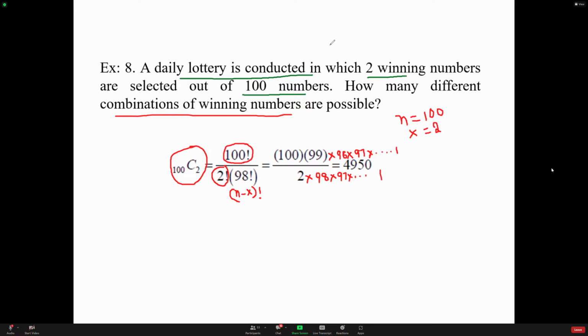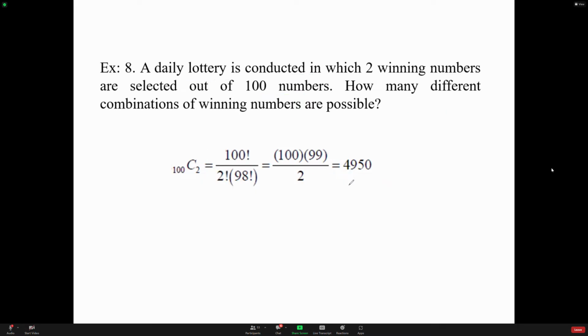So you can easily cancel out these two things. So we are writing only 100 multiplied by 99 over 2 factorial. 2 factorial is 2 into 1, that is 2. So the calculation becomes simply 100 into 99 over 2. So that gives you 4,950.